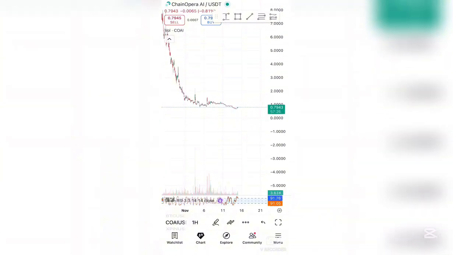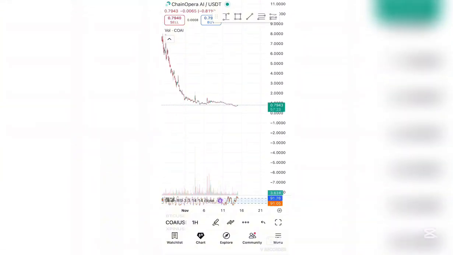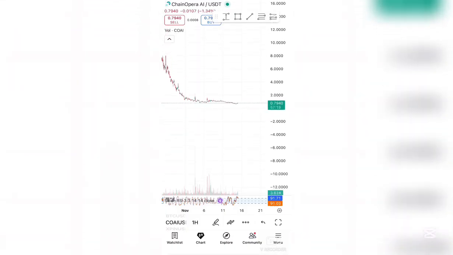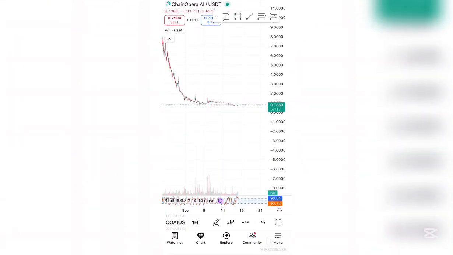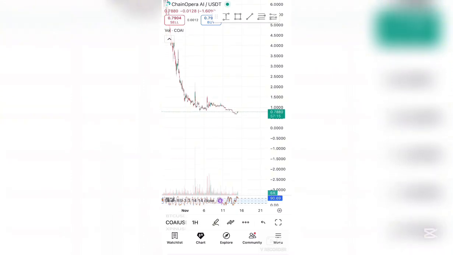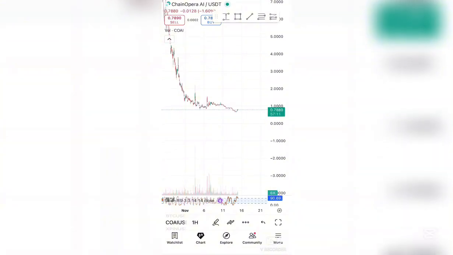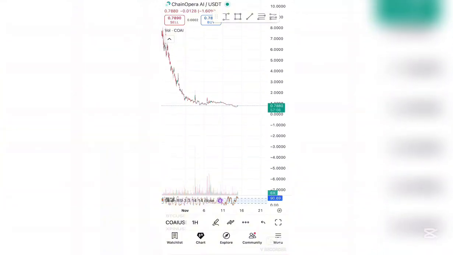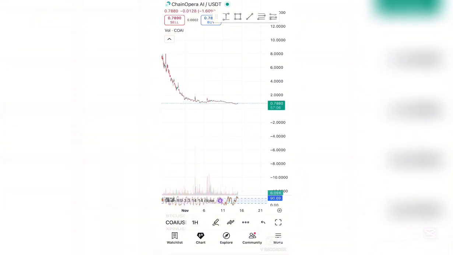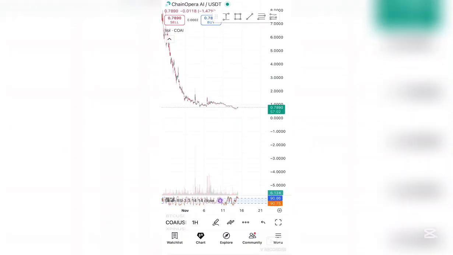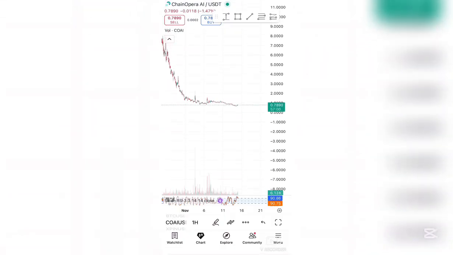When I click there, I sway it up and down. If I want to maximize, I sway it up and the chart maximizes. If I want to decrease it into a smaller size, I slide it down with my hand on the screen, up and down.